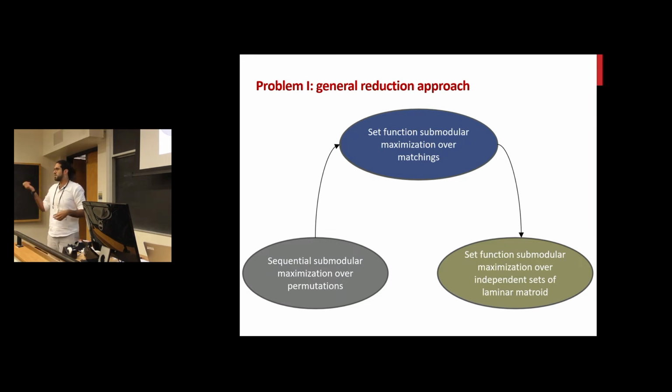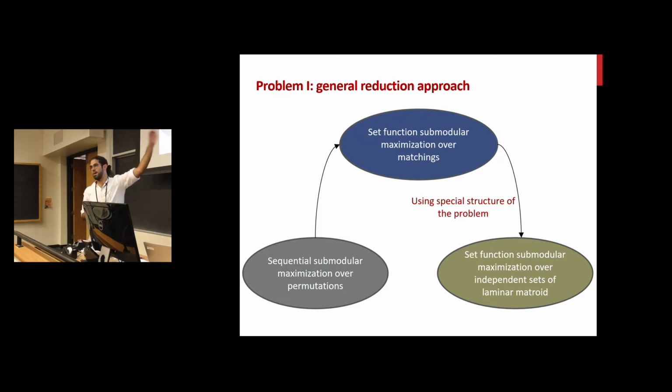And the final step of my reduction is basically showing you that this last step is actually tight. Using the structure of the problem, you can show you are not going to lose anything in that relaxation. And then finally, the last problem can be solved using off-the-shelf algorithms for maximizing set submodular functions subject to matroid constraint. And putting all the pieces together, you get the final result.